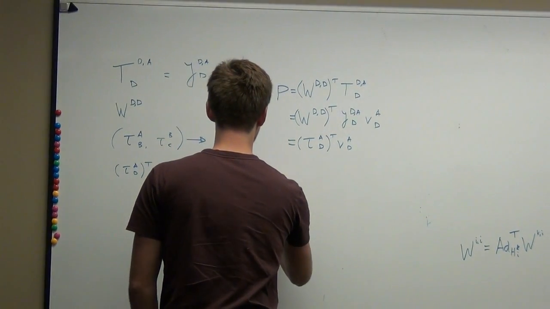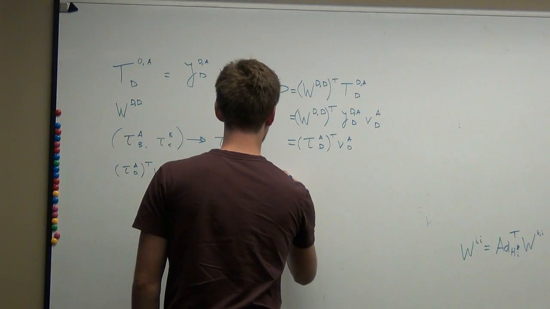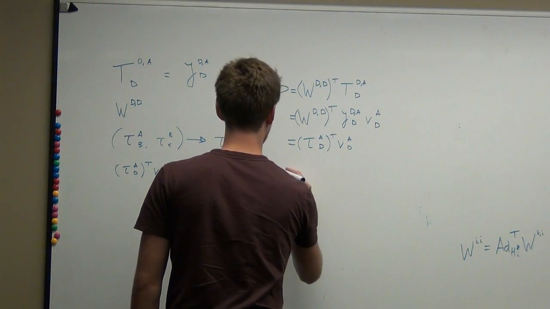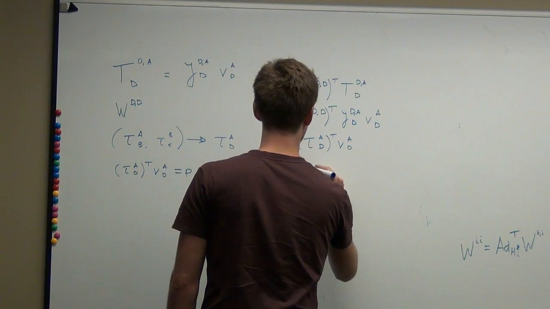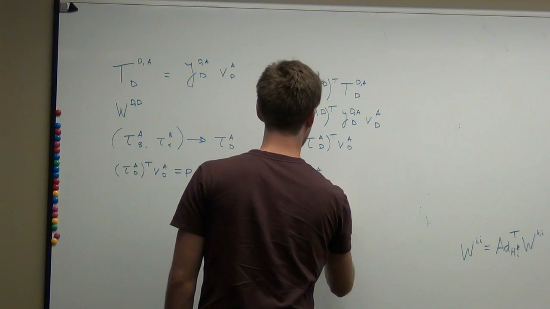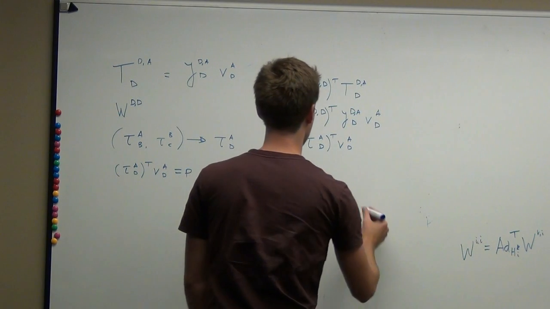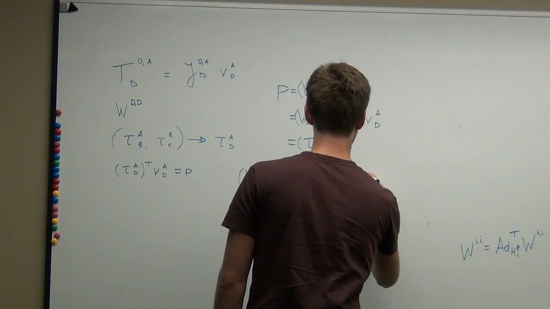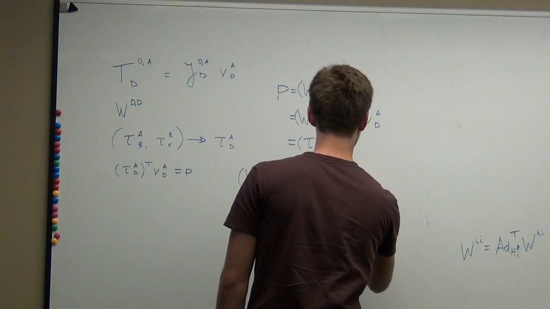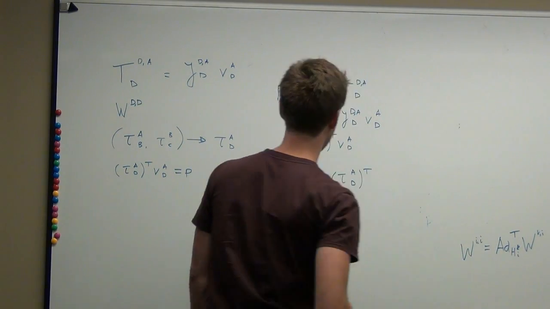So we have W D D transpose J D A D equals tau A D transpose.